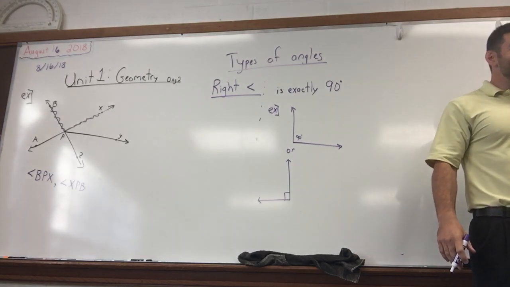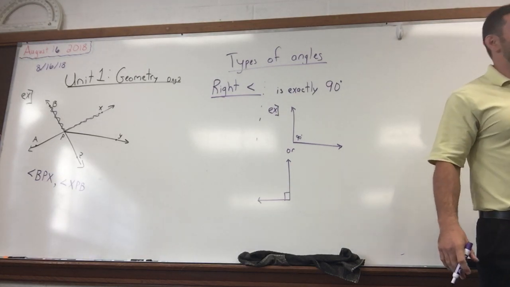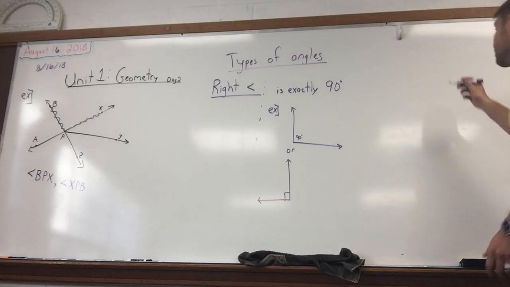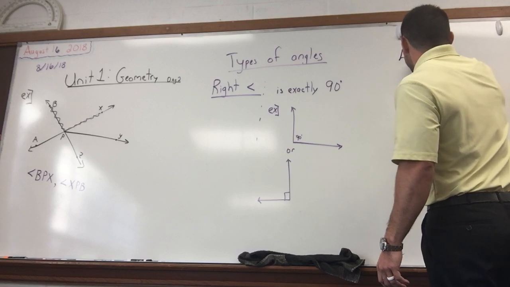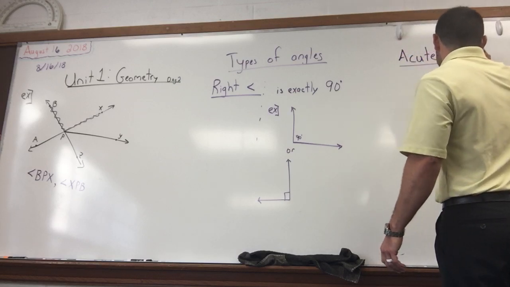Our next angle is acute. And now she's leaning. Like she's coming up to me. And she's leaning. And I'm like, I'm tired watching you because you are swaying. It's like being on a boat. I don't know what's going on.